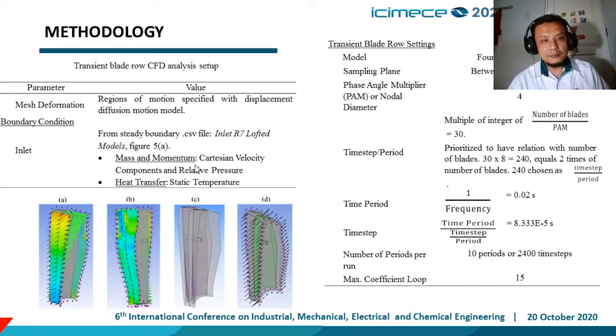This is for Transient Blade Row CFD analysis step. So for the model, Fourier transformation sampling plane between 2 phases, phase angle multiplier or PAM, or nodal diameter multiplier of integer of number of blades divided by PAM equal to 30.